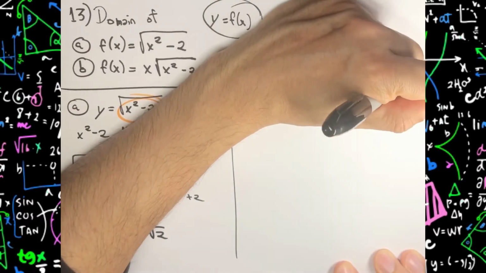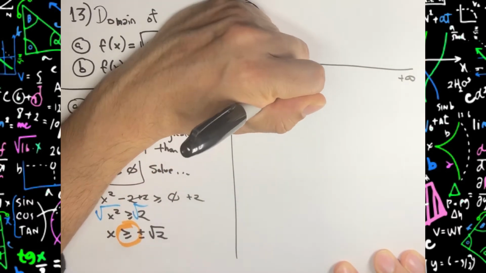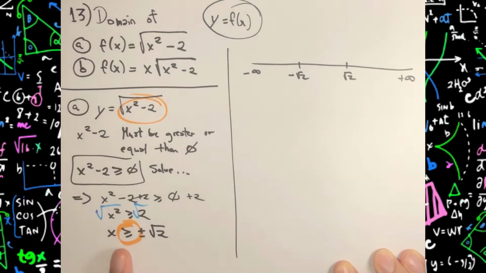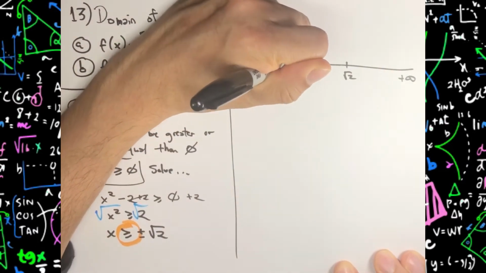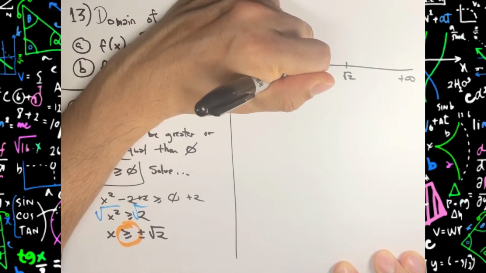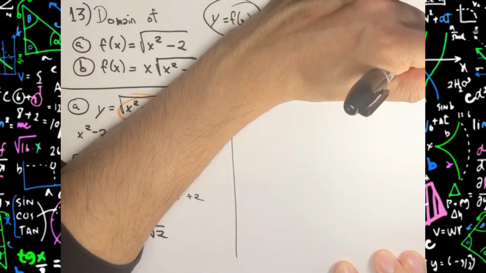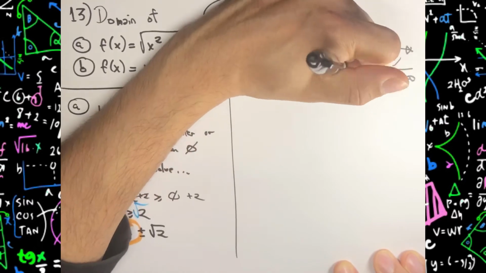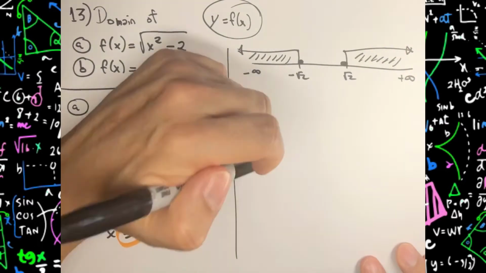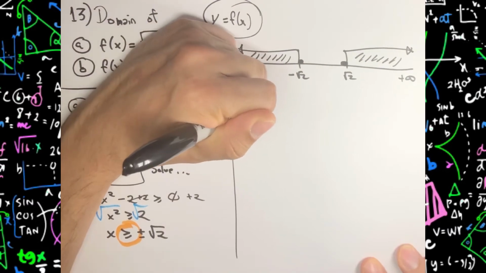Here we have our x-axis of real numbers, minus infinite to plus infinite. We plot minus square root of 2 and square root of 2. Remember that we have greater or equal, so we're going to have two solutions. The first one is from minus square root of 2 to the left towards minus infinite, and from square root of 2 towards the right towards positive infinite. And there we go. Those are our interval solutions.